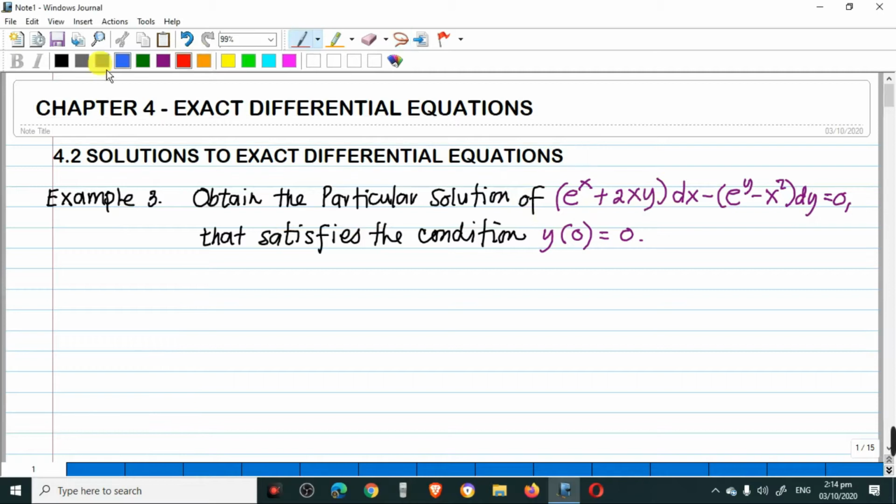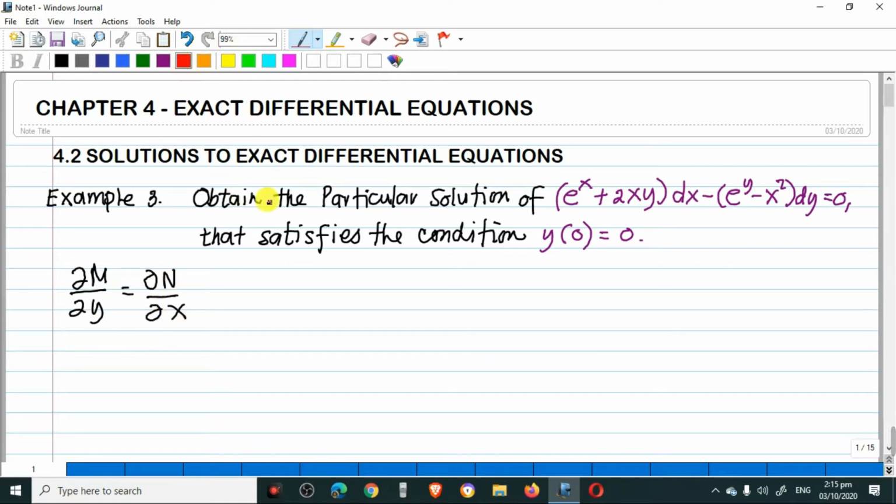So let us start solving or proving the differential equation. The formula that we will use is the partial derivative of M with respect to y, and this must satisfy the right side, equals the partial derivative of N with respect to x.